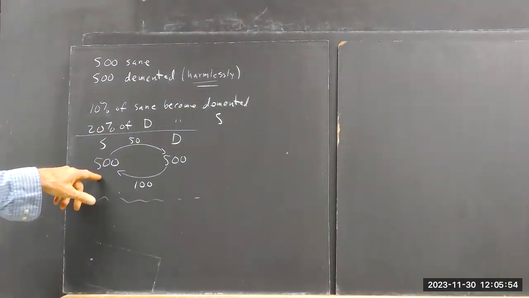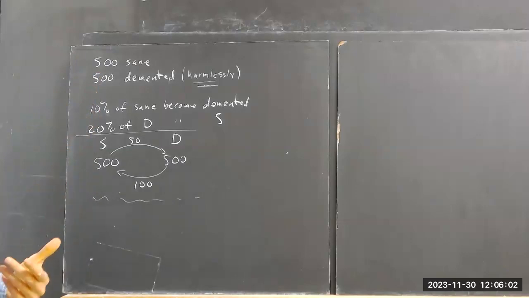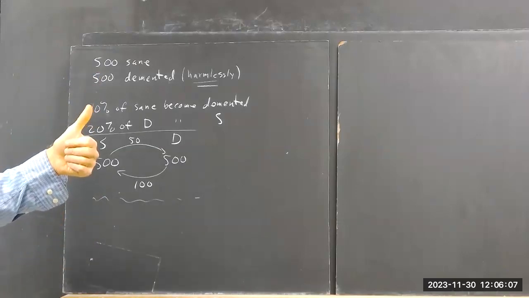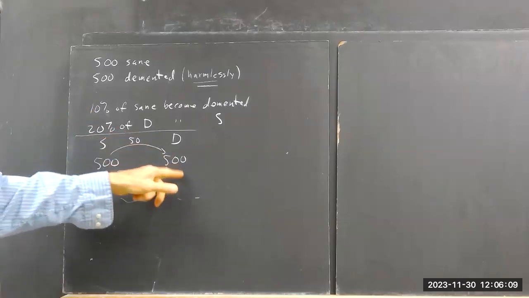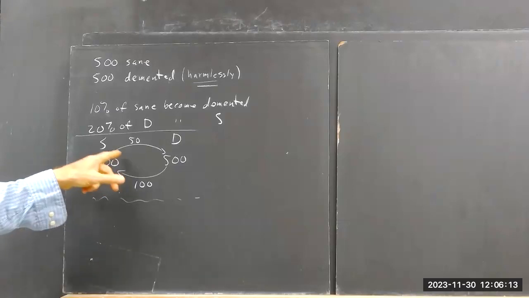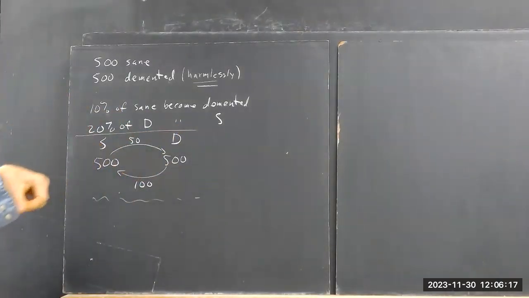Okay, well, how many sane are we then going to have? Are we going to increase or decrease the number of sane people? It's going to increase the number of sane people. You're going to lose 50, but you're going to gain 100, right? So if you look at this, you say, well, it's going to decrease, but if you look at the whole picture, it's going to increase.